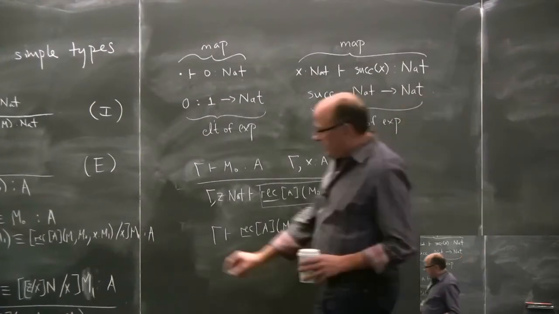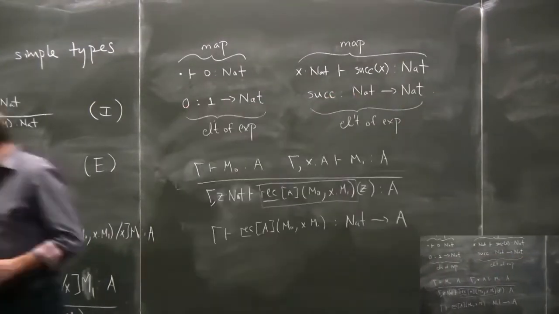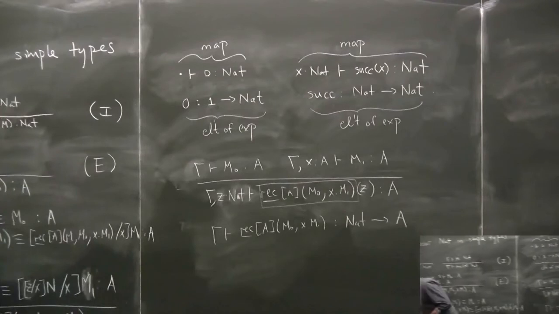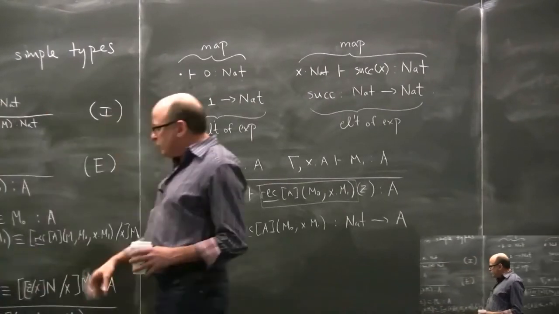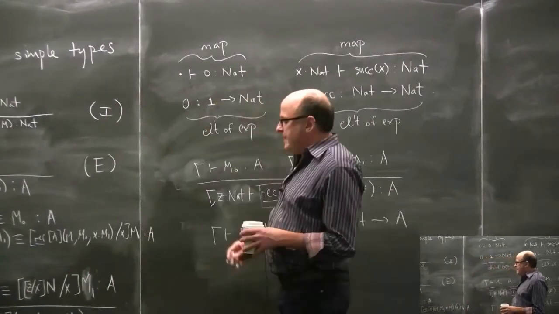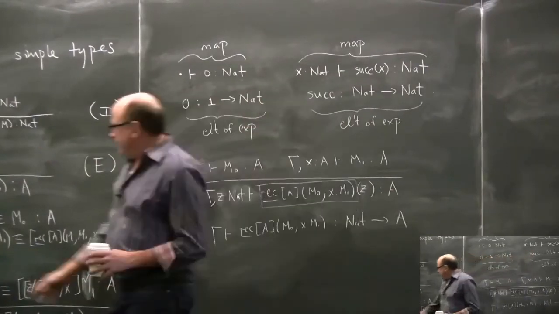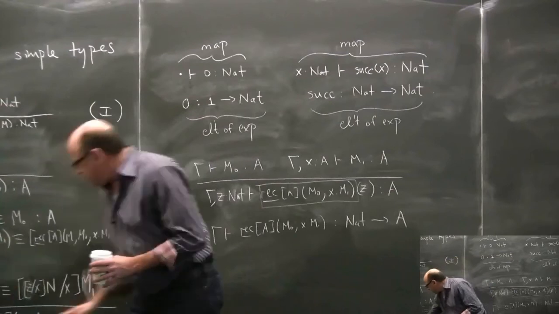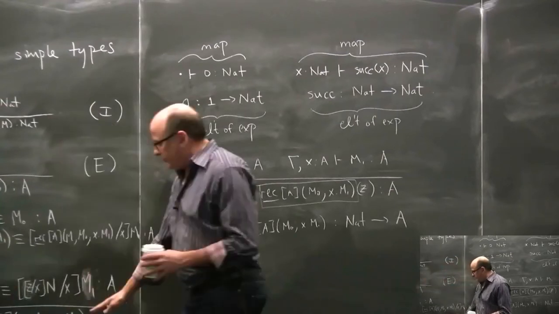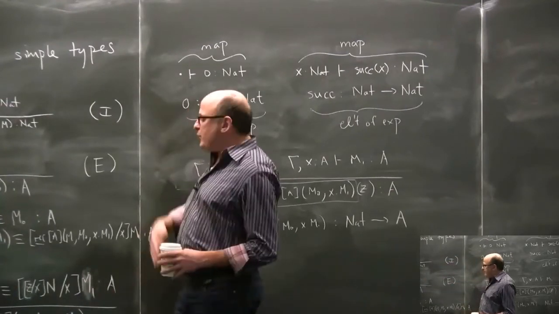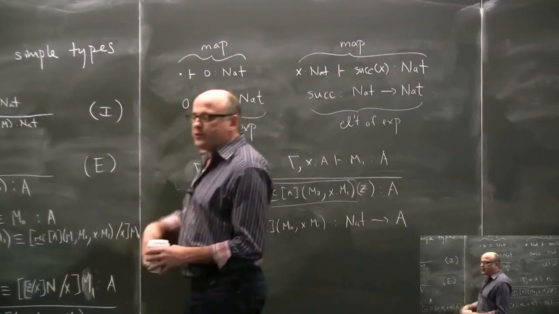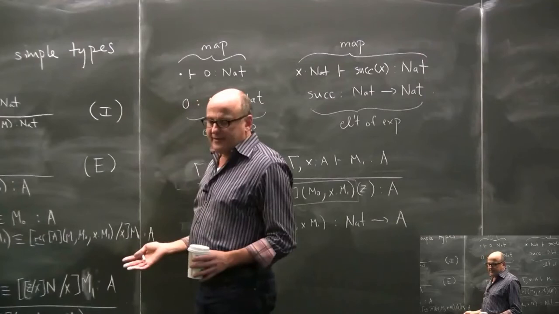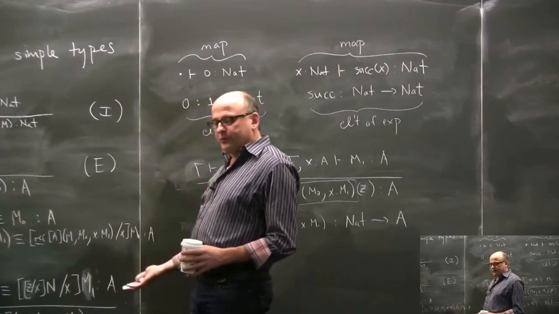Now, I want to mention, by the way, that this thing is an induction principle, right? And in fact, in the book, this rule is stated in a slightly different way. Instead of saying, these conditions tell me that n is equivalent to the recursor, they instead say, if you have two functions which satisfy these conditions, then those two functions are equal to each other. In particular, it would be equal to the recursor.